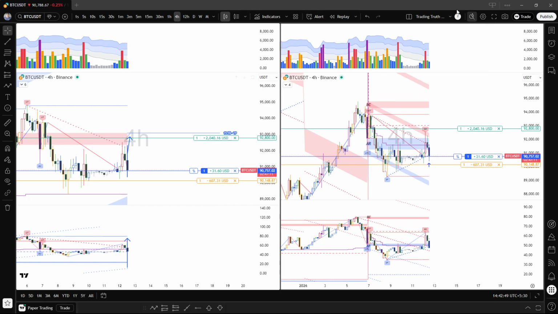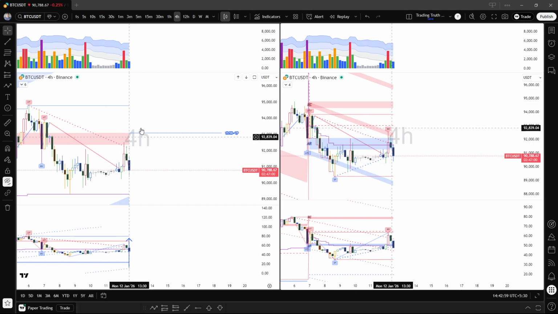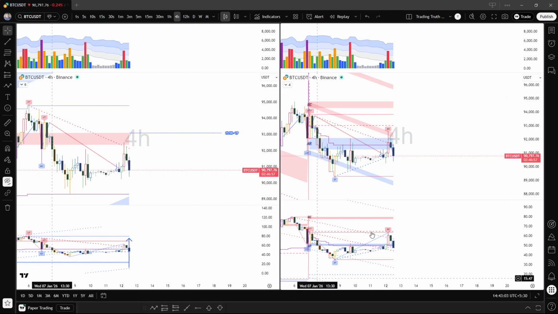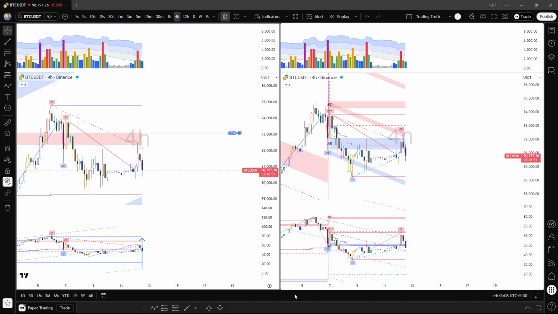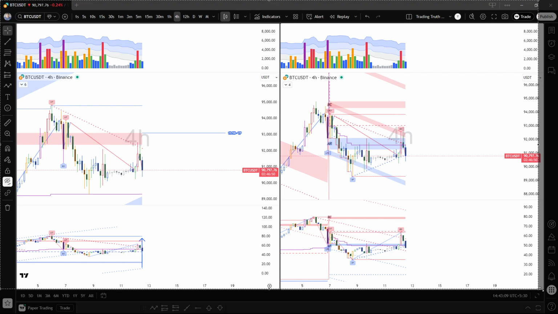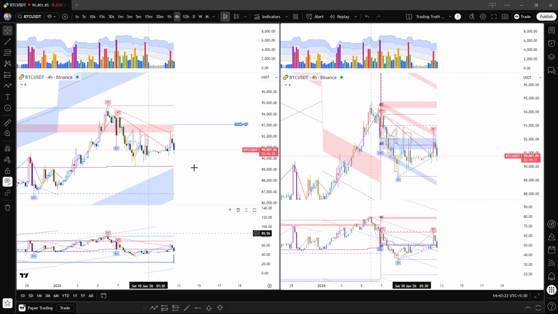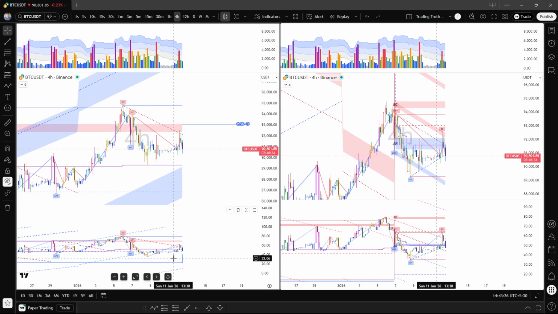Let me actually take a screenshot of it. I'll just disable the trades right now. Okay, if this one is coming down, just keep it like this. Screenshot of it. Okay.